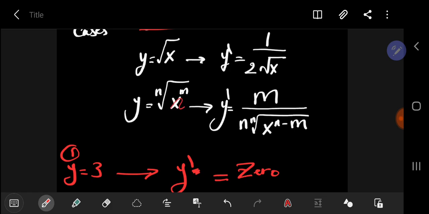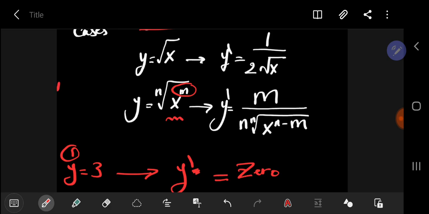If I have a variable under any root, but the variable is with power, what will its derivative be?